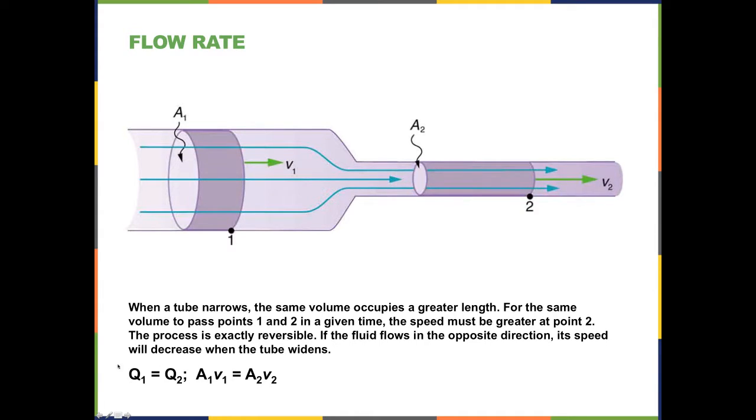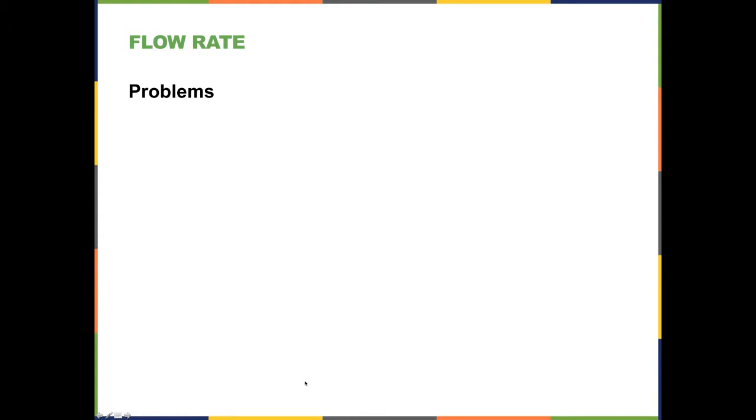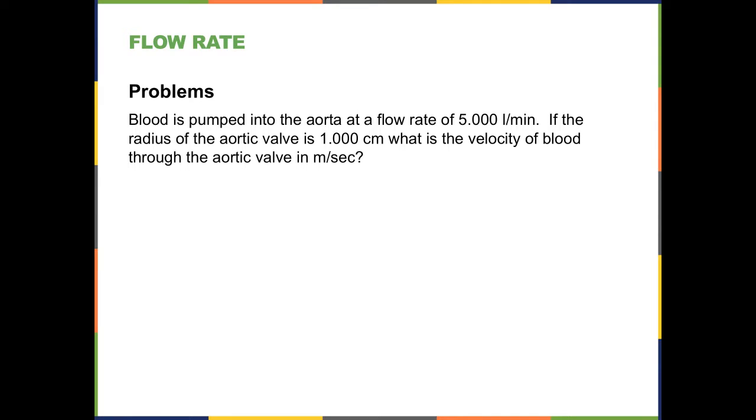So since the flow rates are the same, Q1 is equal to Q2, then A1 times V1 has to equal A2 times V2. And this is another equation that you should put in your lexicon of equations. So let's take a look at a couple problems using these concepts.